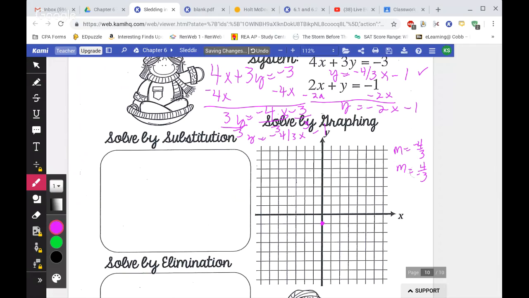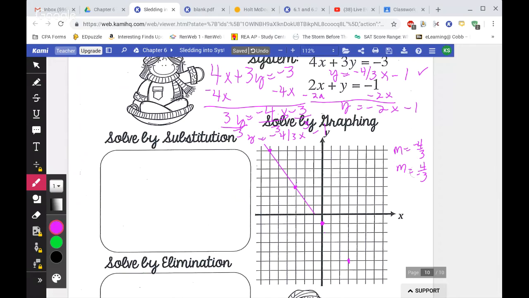Because when the slope is negative, I'm going to travel in one positive direction and one negative direction. So if I go up, which is positive, 1, 2, 3, 4, I'm going to have to go left 3, which is negative. But if I go down 4, 1, 2, 3, 4, I would go right 3, because that's positive.